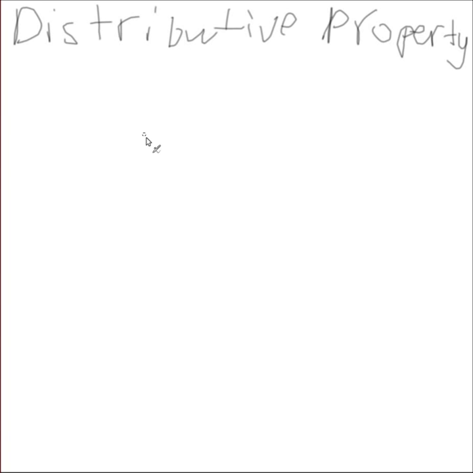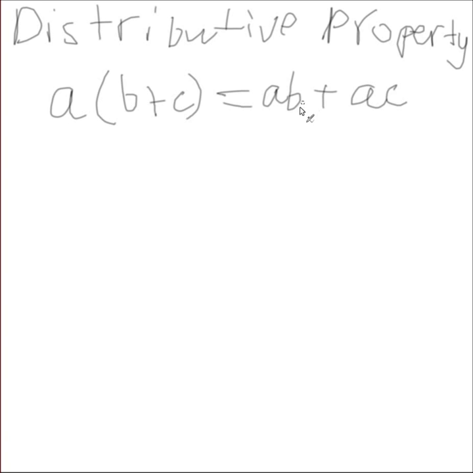So a distributive property, basically, you're going to have a times b plus c in parentheses, and that's equal to a times b plus a times c. Now, if you have variables, which is what these are, you don't have to put any multiplication symbol in between them. If you just write two variables next to each other, it's automatically implied that they're multiplied. So this is a times b, and this is a times c.